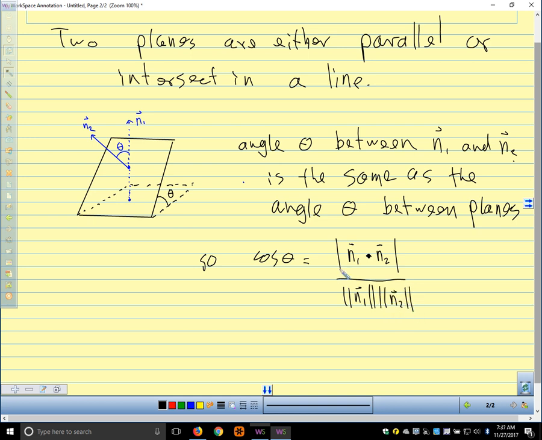We can find the angle between those two vectors. That'll give us the cosine of the angle between the two normal vectors.